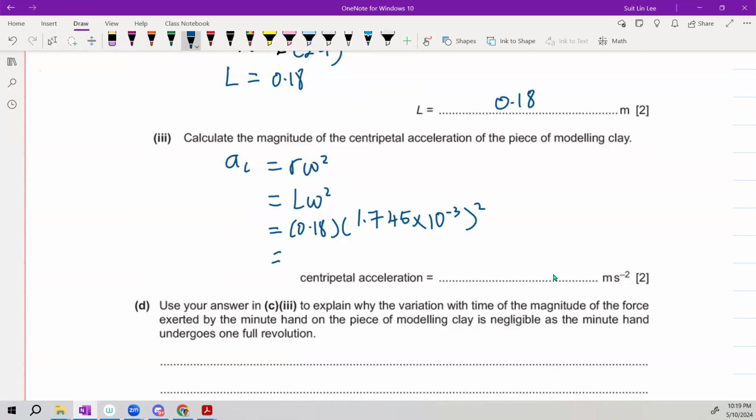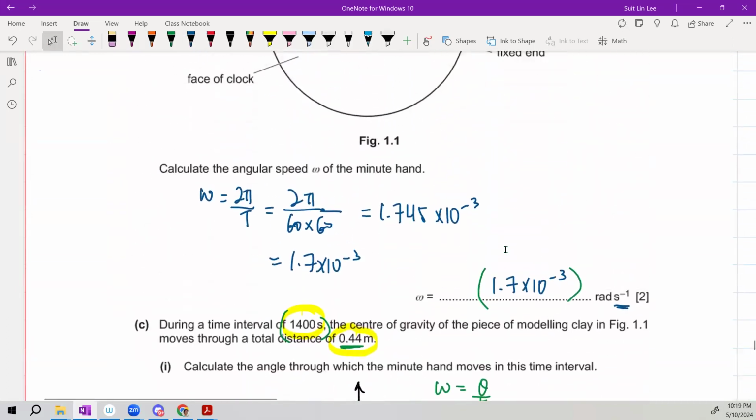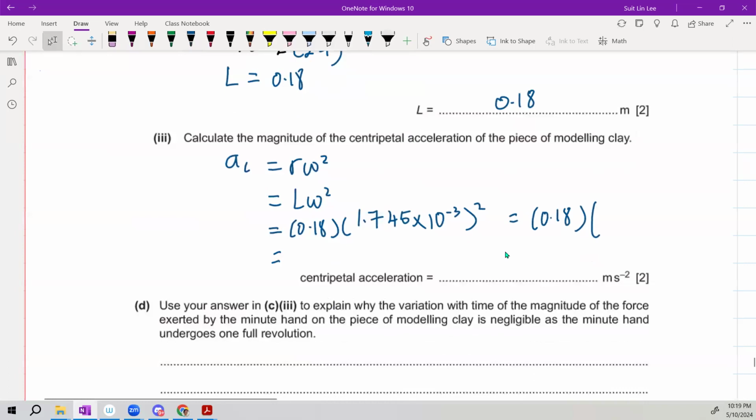But if you care deeply about this, here's what I'll write. Up here, 2 pi over 3600. This is the most accurate one. Okay. So this will arrive you at 5.5.